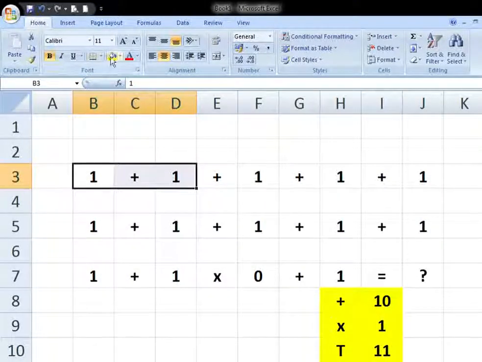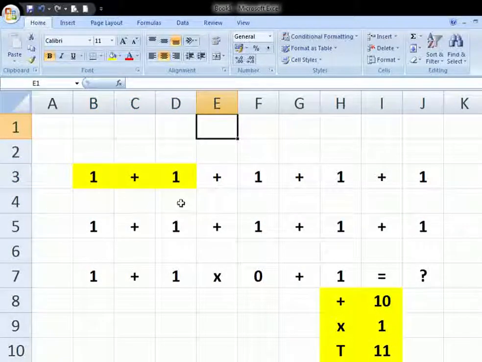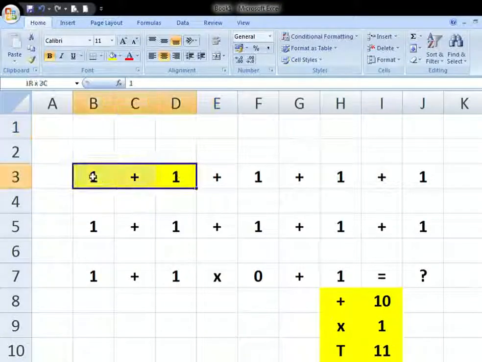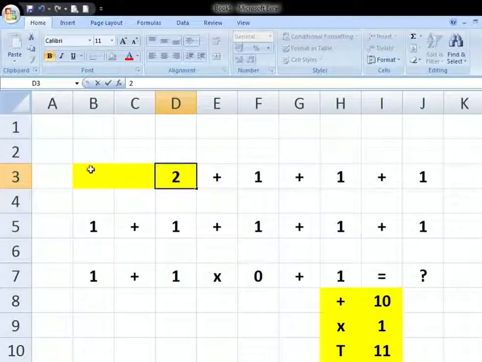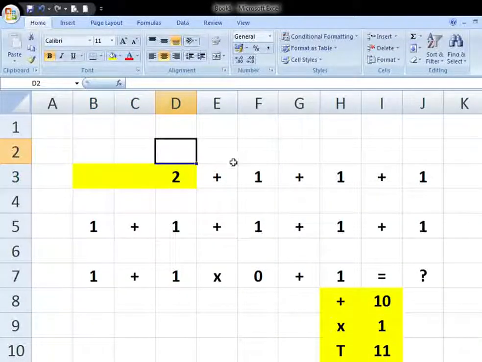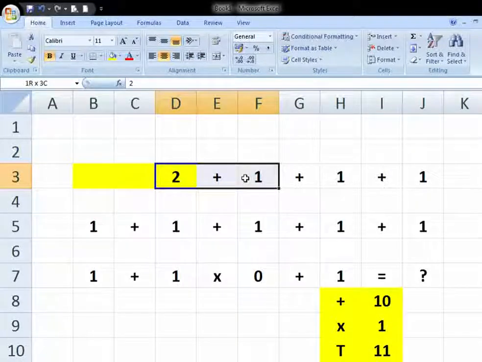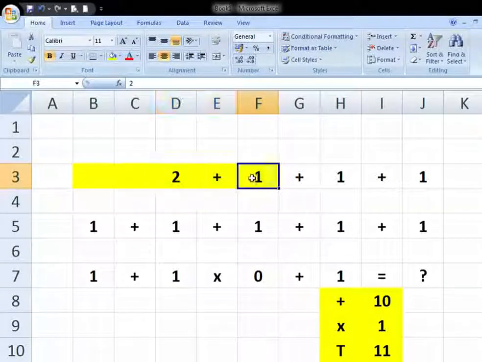We can go ahead and highlight this for now. We have 1 plus 1. Simple answer. It's going to be 1 plus 1 equals 2. So since it's done, go ahead and do the next part. This is 2 plus 1. I'm going to highlight it. 2 plus 1 equals 3.